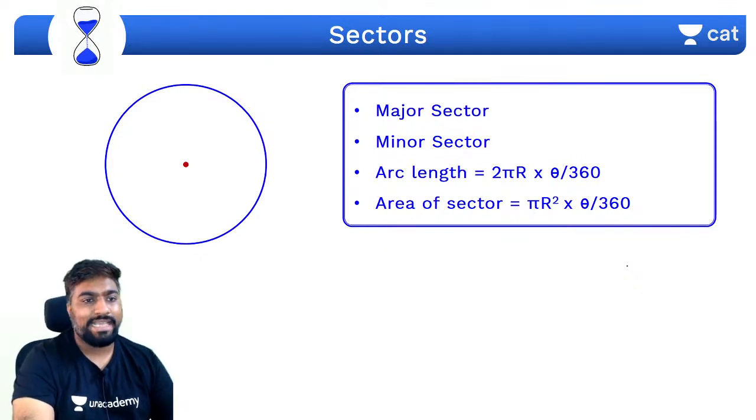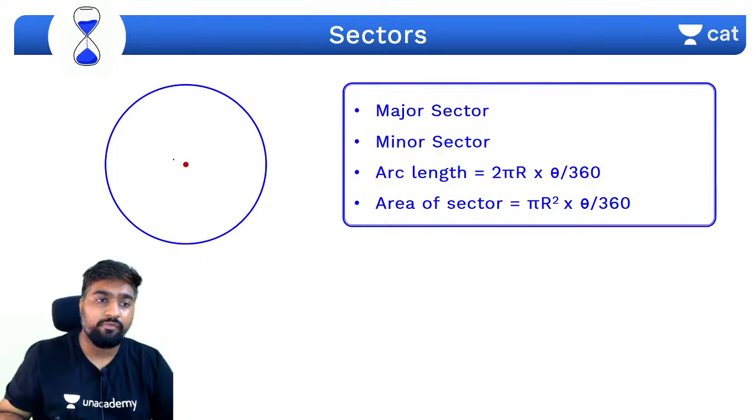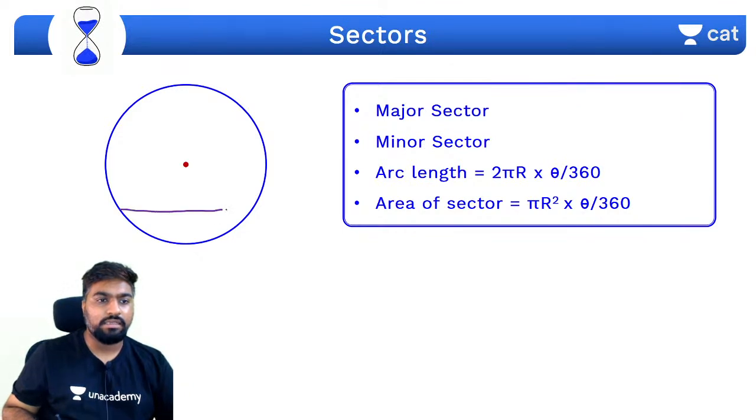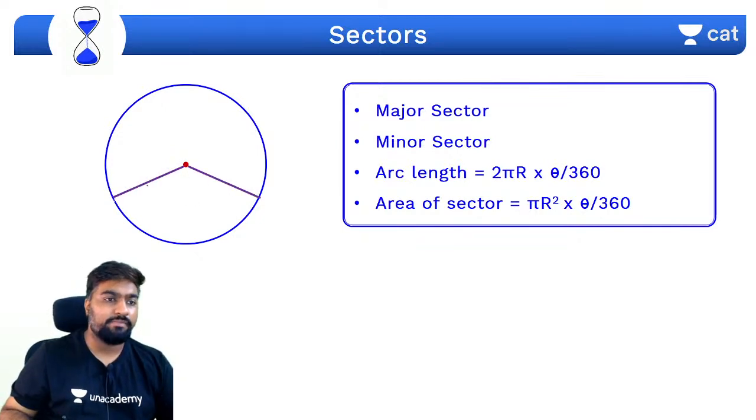A sector is a part of a circle formed from the center. A segment is formed from an arc, but a sector is formed from the center. A major sector covers the major part of the circle.